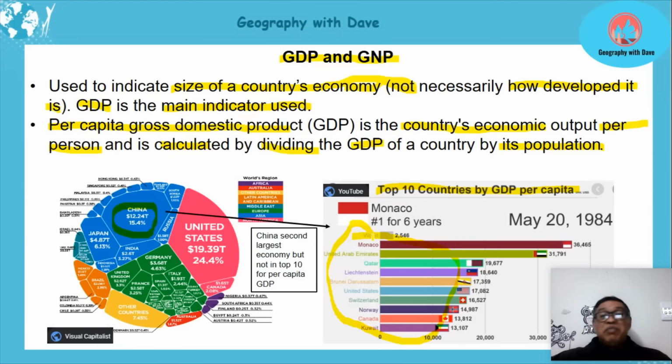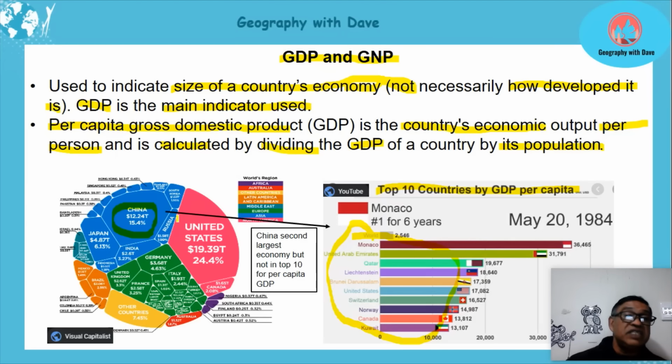But although it produces so much, if you divide the GDP of China, $12.24 trillion, by over 1.4 billion people, approximately, you'll find that the per capita gross domestic product is lower than maybe if you take Monaco, which has a lower population, and if you divide it, it's different.